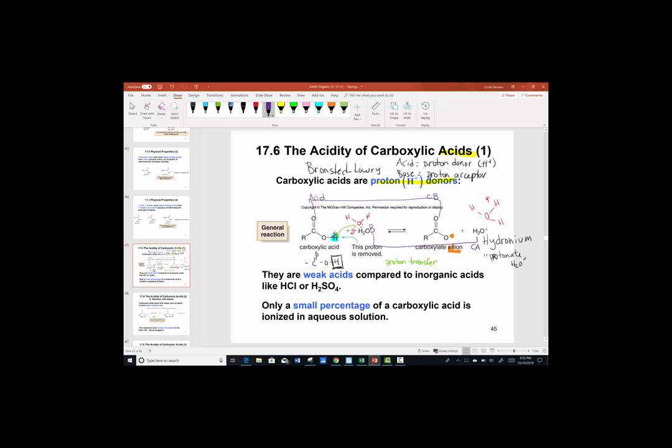So we're looking at acid-base chemistry in just a general way of looking at Bronsted-Lowry, but specifically with the carboxylic proton there on the OH part. They're very weak acids comparatively to hydrochloric or sulfuric acid, but nonetheless, they do have an ionizing potential.